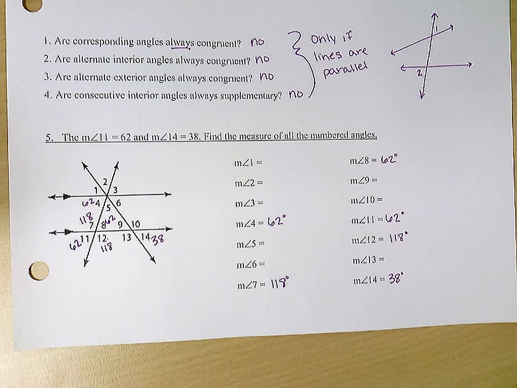And then find 13, just the supplement. Then 180 minus 38 is 142. So angle 10 is 142, and 13 and 10 is 140.